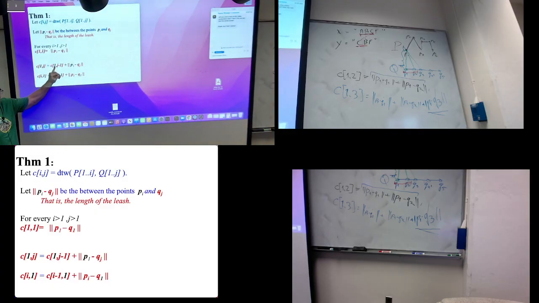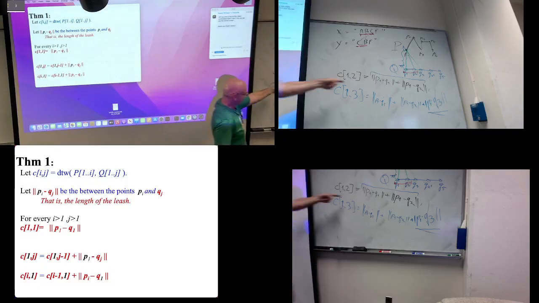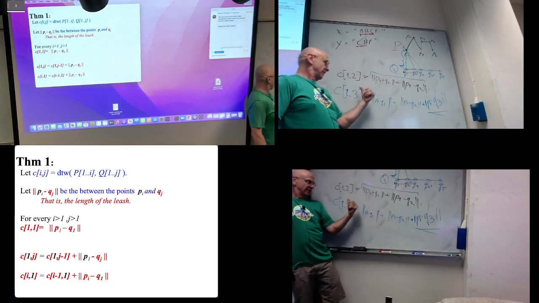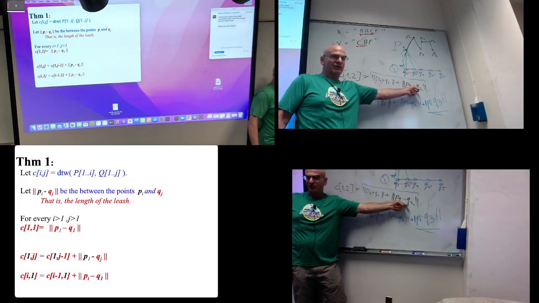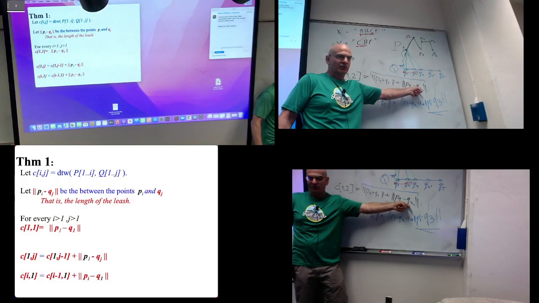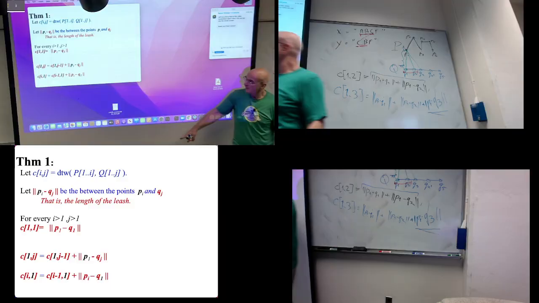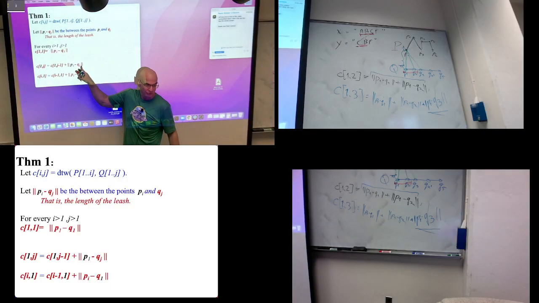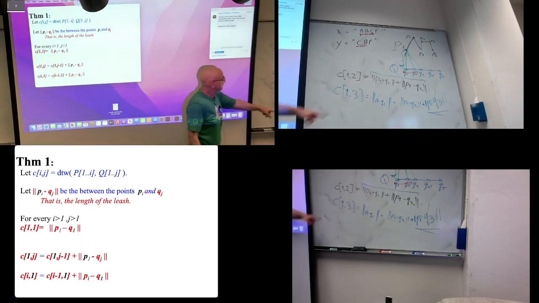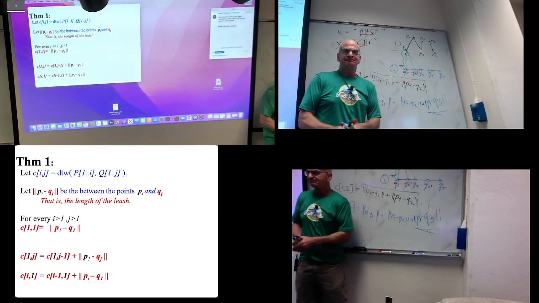It is C1,j minus 1, the sum of leashes that I had one vertex ago. Like in the case of j equals 3, I took the sum of leashes that I had for j minus 1, so it's two vertices, and add to this number P1 minus Qj, the distance between the man and the dog at the endpoint.